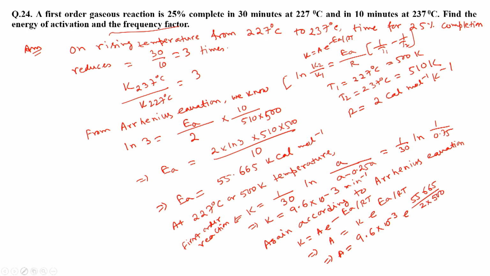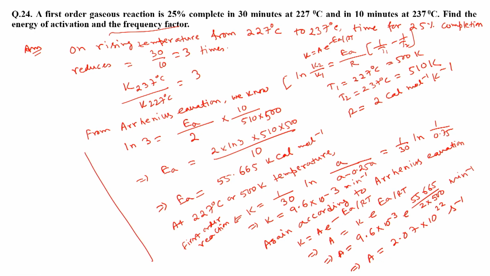So, if we do it, we got A as 2.07 times 10 to the 22 second inverse. So, we convert this minute inverse into second inverse.